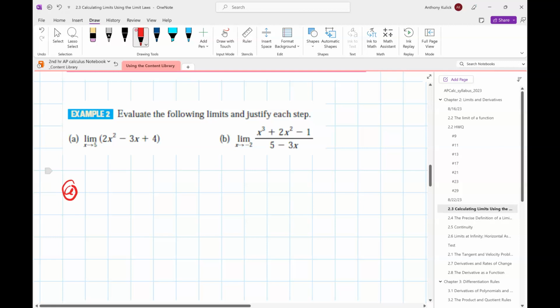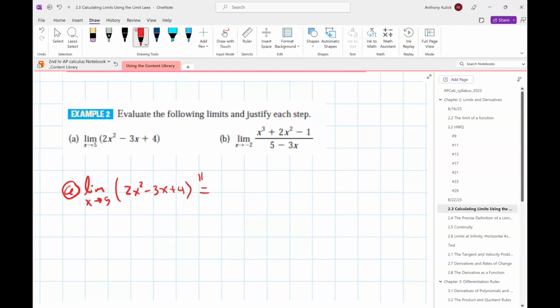And we're only going to ask you to do this a couple of times before you can just shortcut to wherever you want. So I would start by using property 1 and property 2. So I can write this as, oops, that's a 5 down there.